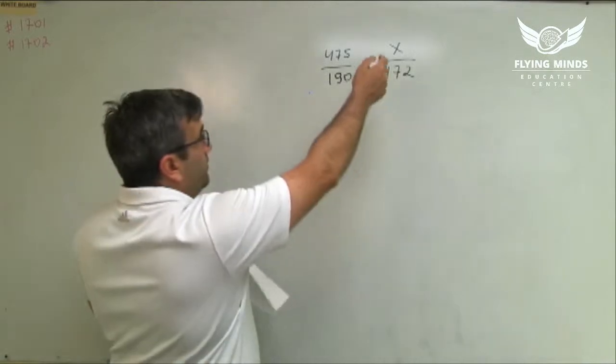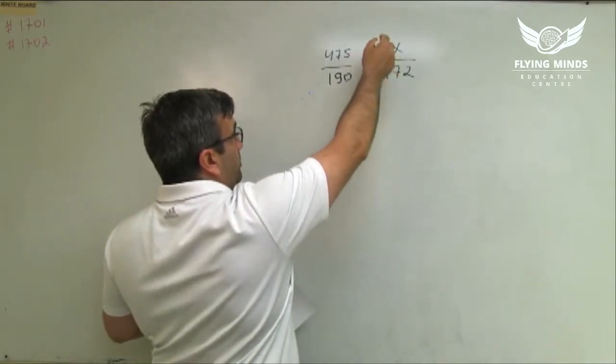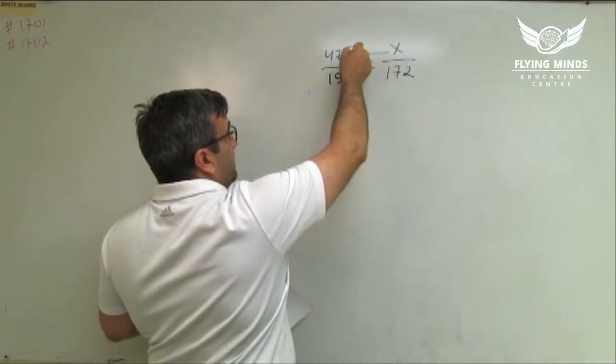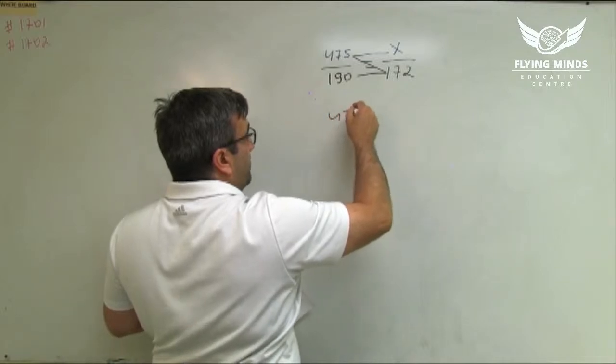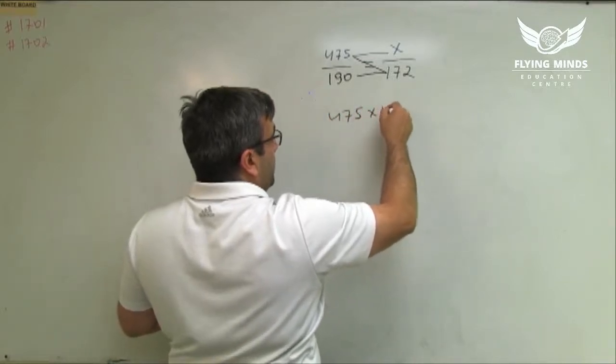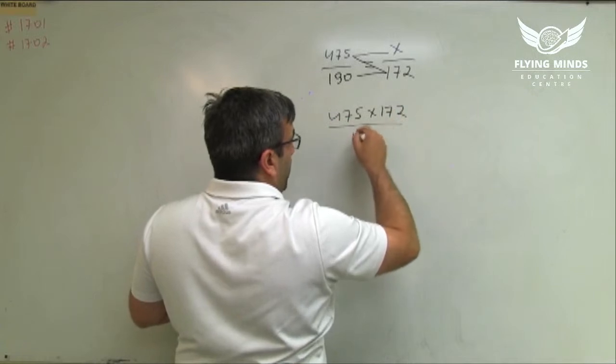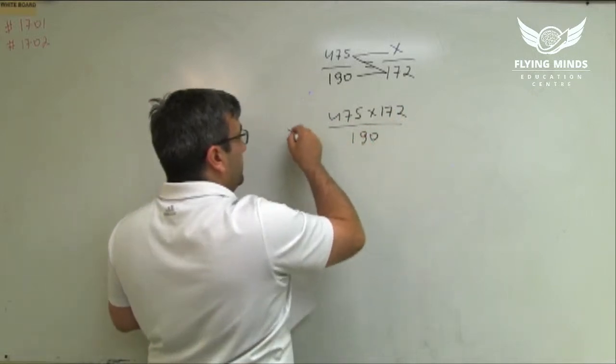Now we need to find x. So we have a proportion, right? And x equals cross multiply, divide. So 475 times 172 divided by 190.